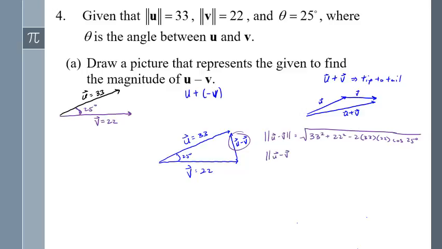So the magnitude of u minus v is going to be 16.0 something. We'll just call it 16. So that means that that side right there is 16.